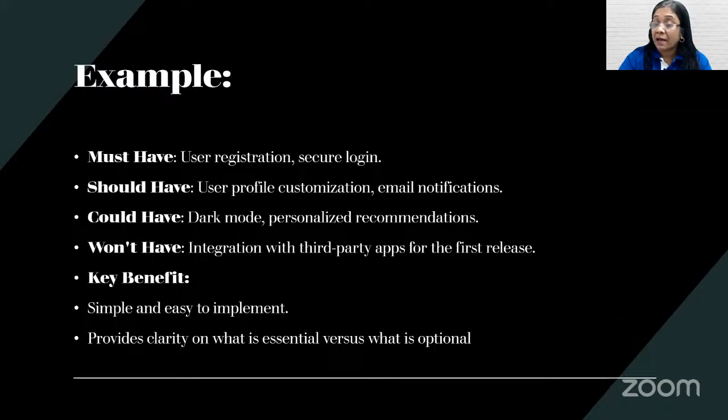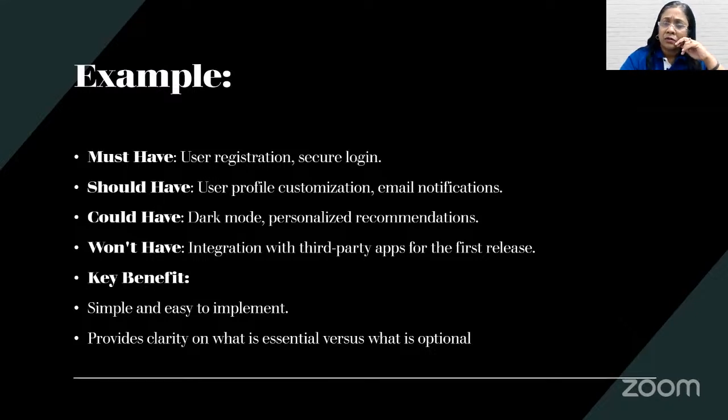Now, some of the examples. An example of a must have feature is user registration, having a secure login. Should have: user profile customization and email notification. So look at this segregation with the help of any portal, let's say LinkedIn or Facebook.